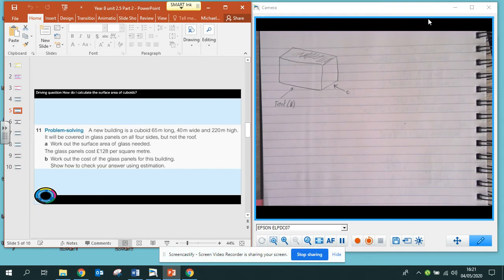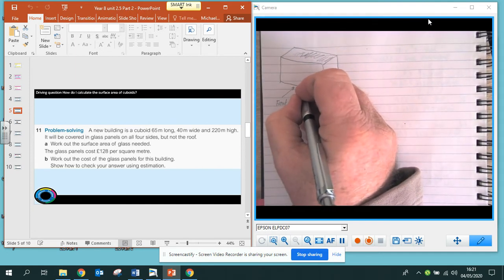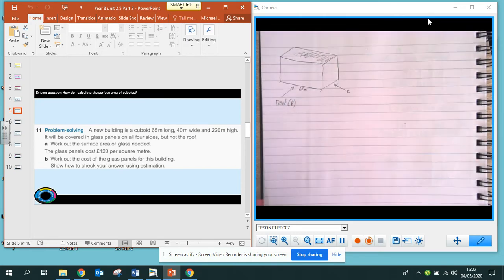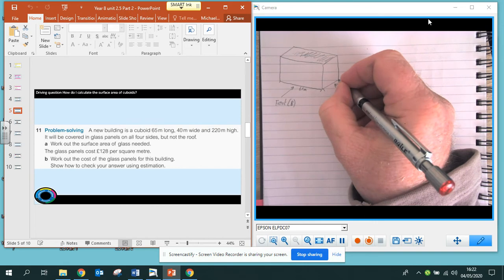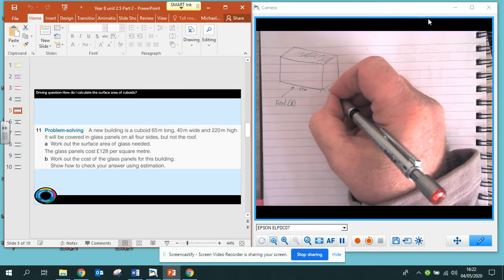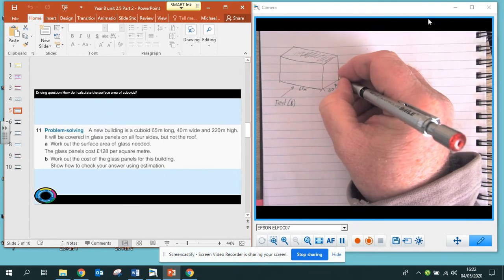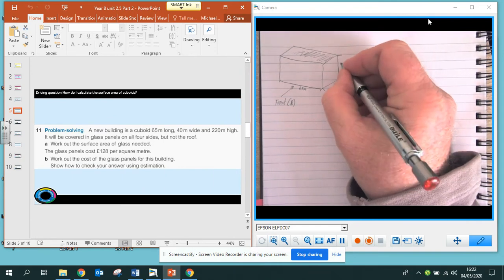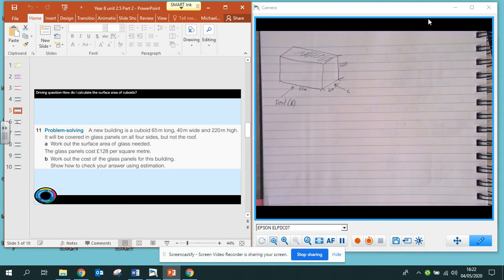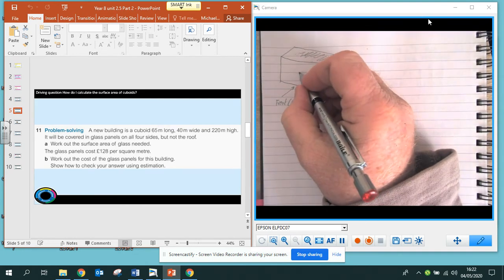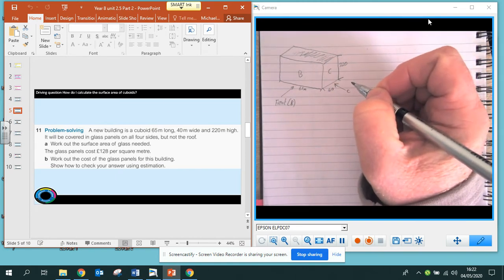A new building is 65 metres long, so from here to here is 65 metres, and 40 metres wide, so from here to here is 40 metres. It's also 220 metres high, so from here to here is 220 metres. So this is side B, this is side C.